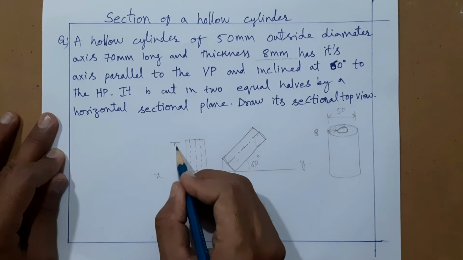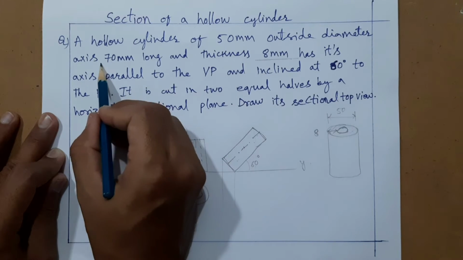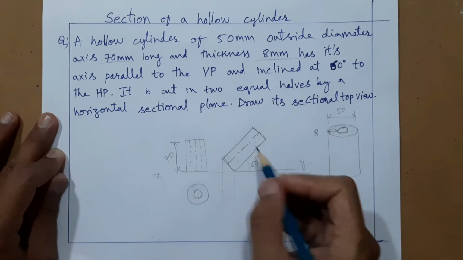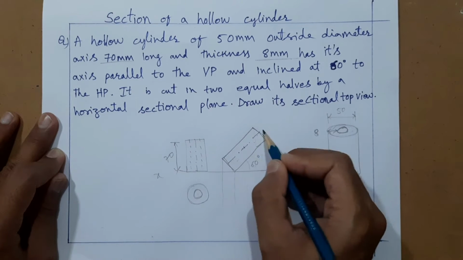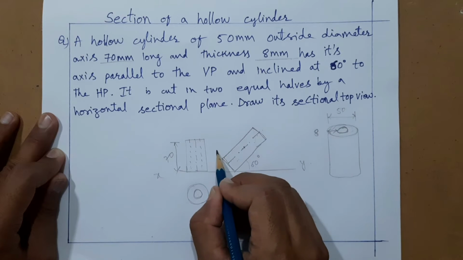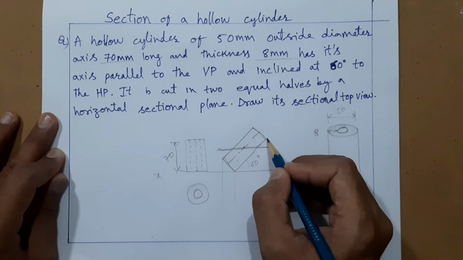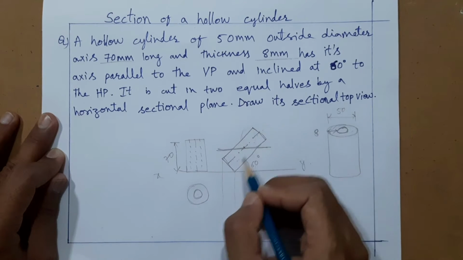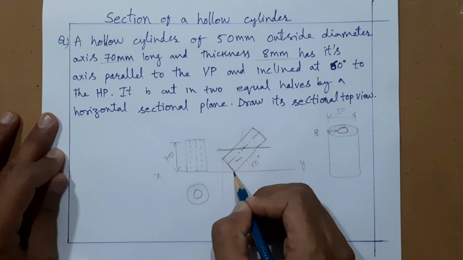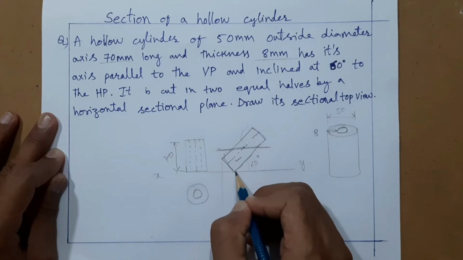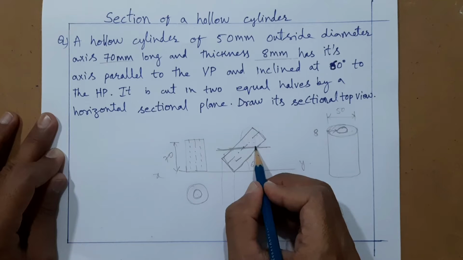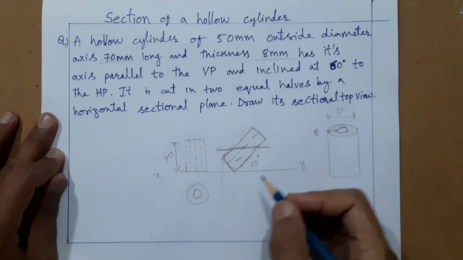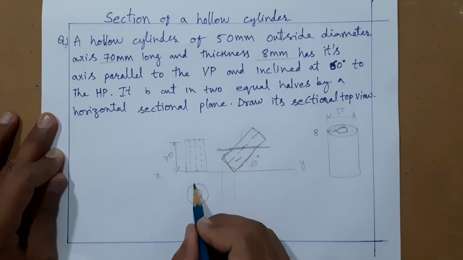Total length here they have given is 70 mm. So 35 from any one side you take, that is the midpoint, and here horizontally you have to cut. And after cutting we will remove this upper part, and here we are interested in this bottom leftover portion of the cylinder. This is the cylinder what we want. So here from this you have to proceed your remaining problem.